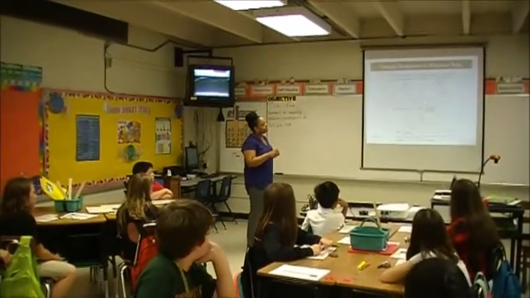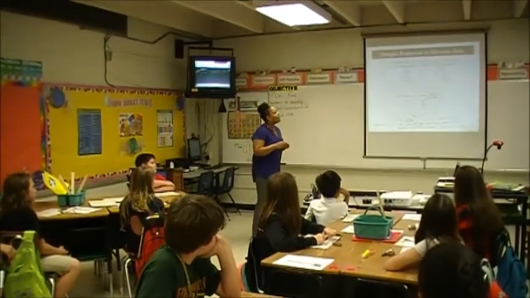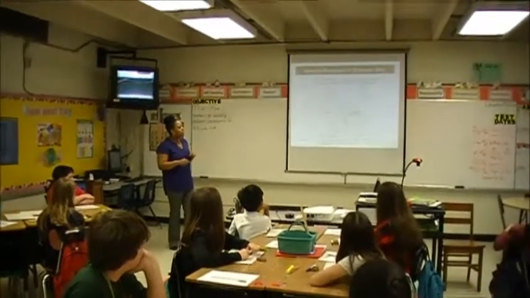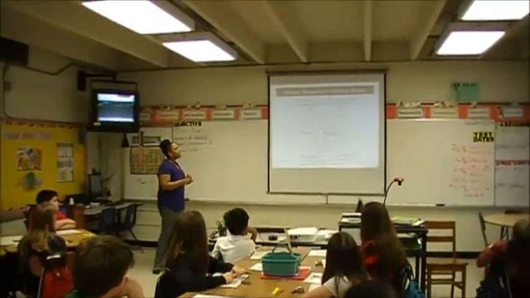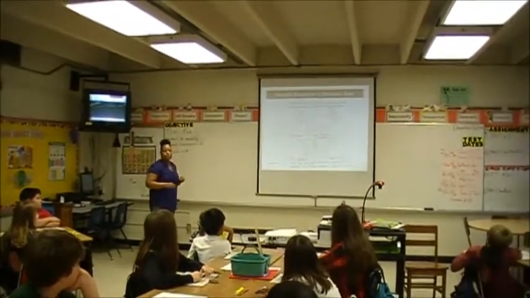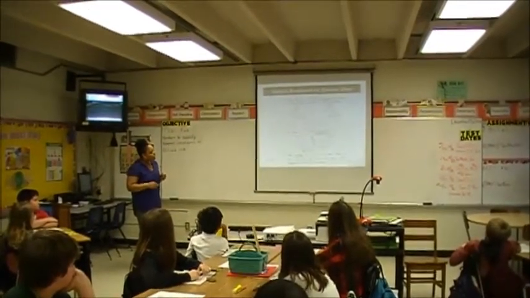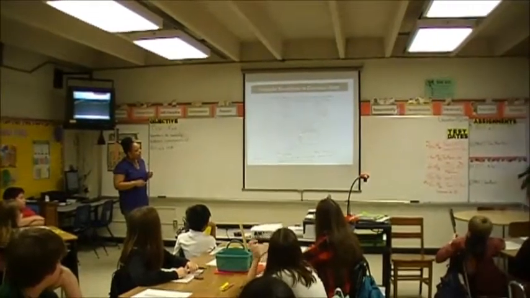So look, she did the prime factorization for 8, which she got what? 2 times 2 times 2. And then she did the prime factorization for 20, which is? 2 times 2 times 5. And notice, she used a Venn diagram to organize her information. Okay? Why do you think she put two 2s in the overlapping section?